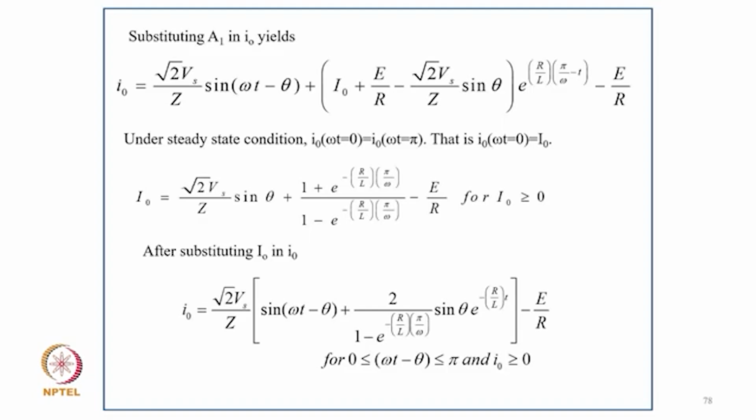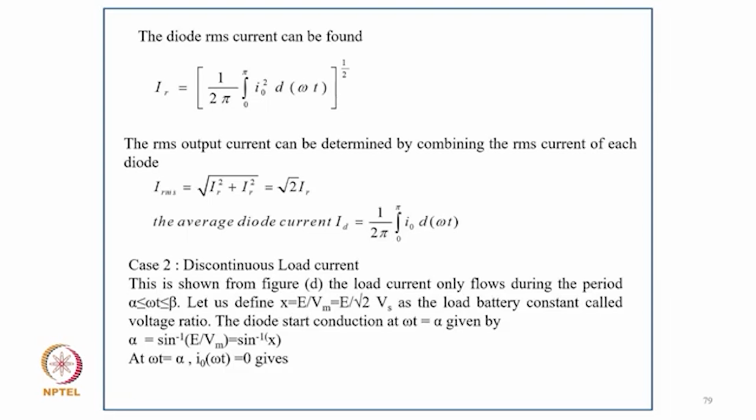And after substituting little I0 in small i0, so small i0 equals root 2 Vs upon Z in bracket sin omega t minus theta plus 2 upon 1 minus e to power minus R upon L into pi upon omega into sin theta e to power minus R upon L into t in bracket, and minus E upon R for omega t from 0 to pi and I0 greater than 0.